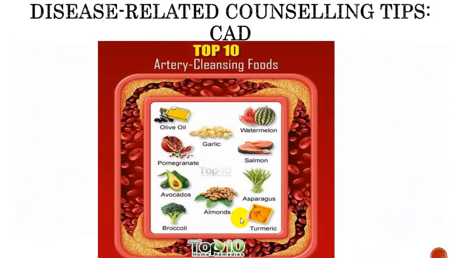So these are all the materials which are beneficial in coronary artery disease. Watermelon, garlic, olive oil, pomegranate, avocados, broccoli, almonds, turmeric, asparagus, salmon, all these are beneficial.